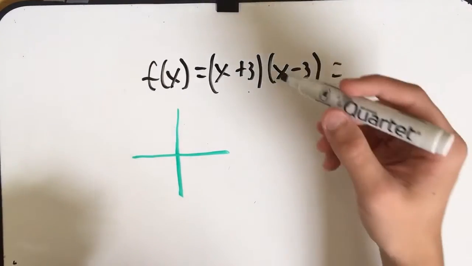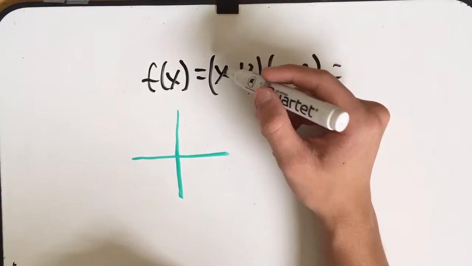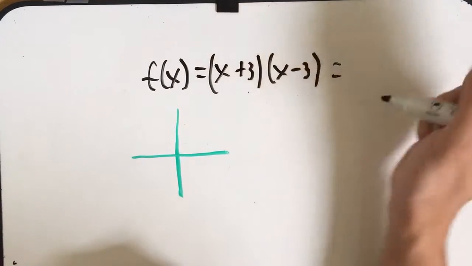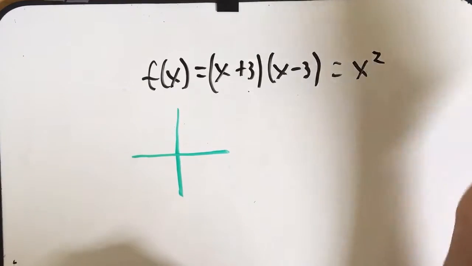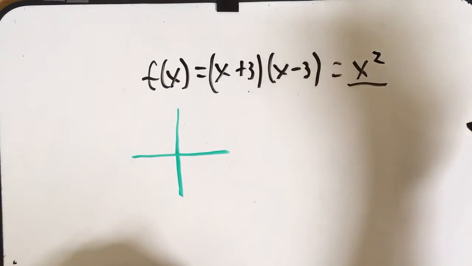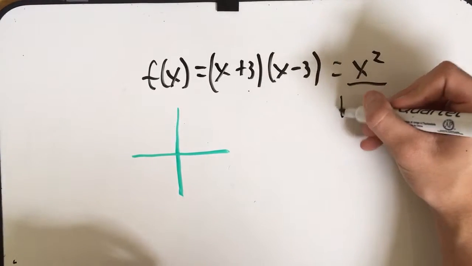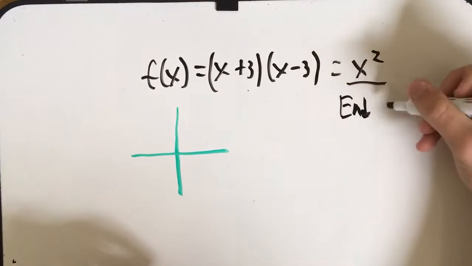equation this is. What we need to know is basically the first number. If we take the x times the x, that's going to get us x squared. And really, that's all we need to know right now, because what we're going to find out are the end behaviors.